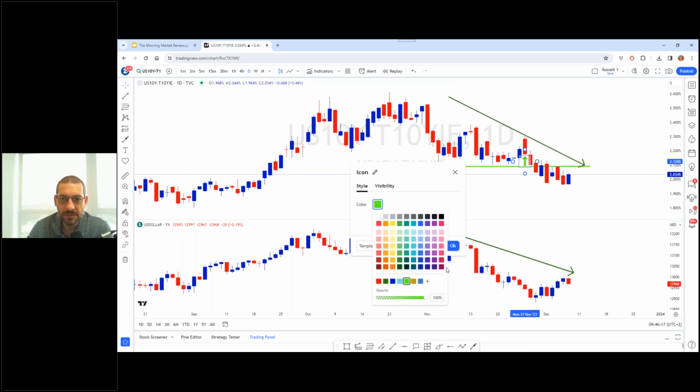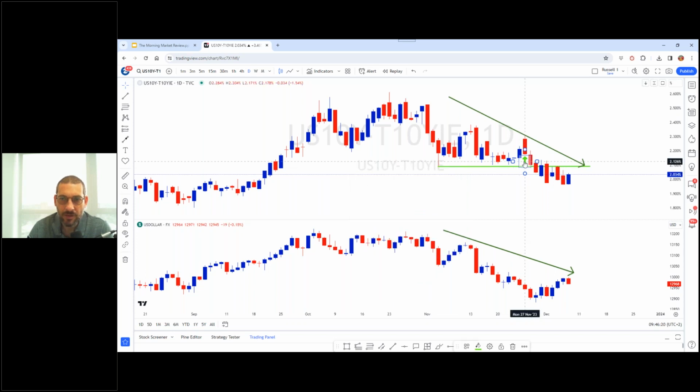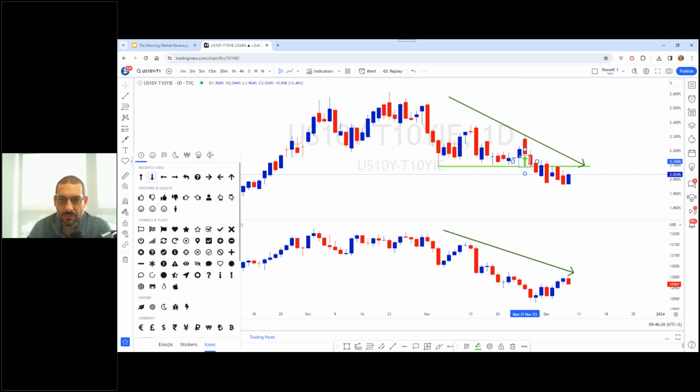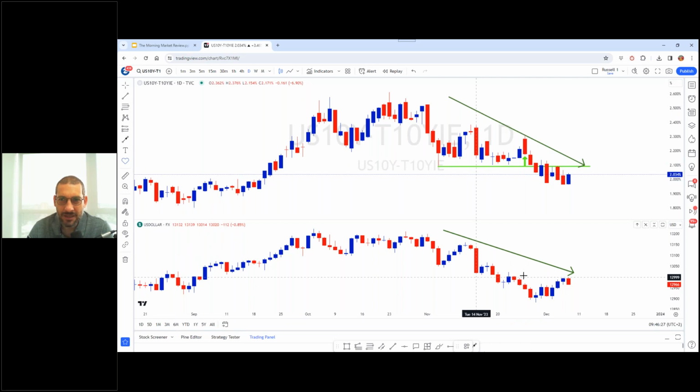We'll make it green. There was a divergence there where you had the real rate moving up, and you had the dollar moving down. And what we said is there has to be some sort of convergence. And then what happened was the real rate moved down and caught up with the US dollar.